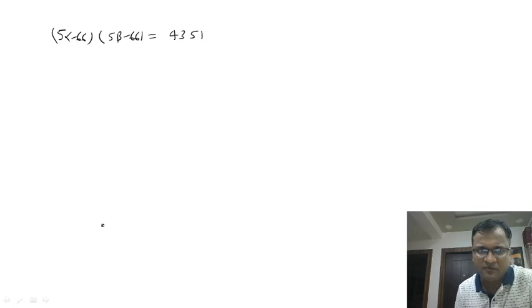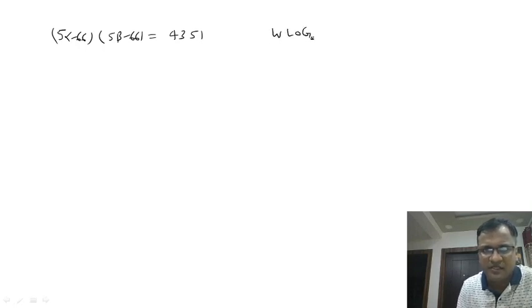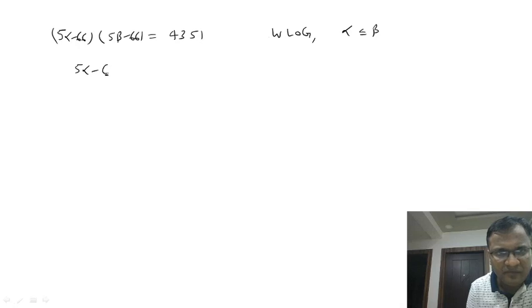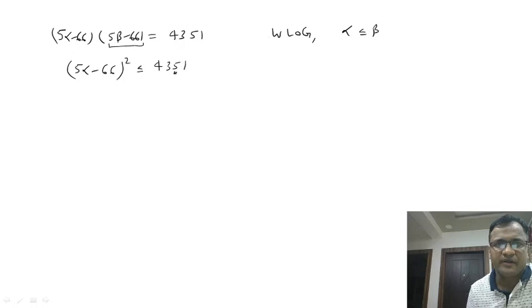Here alpha and beta are the two positive integral roots of the quadratic. So without loss of generality, we can assume alpha is less than or equal to beta. And if alpha is less than or equal to beta, then clearly, if we replace beta by alpha here, this quantity 5 alpha minus 66 squared is less than or equal to 4351.